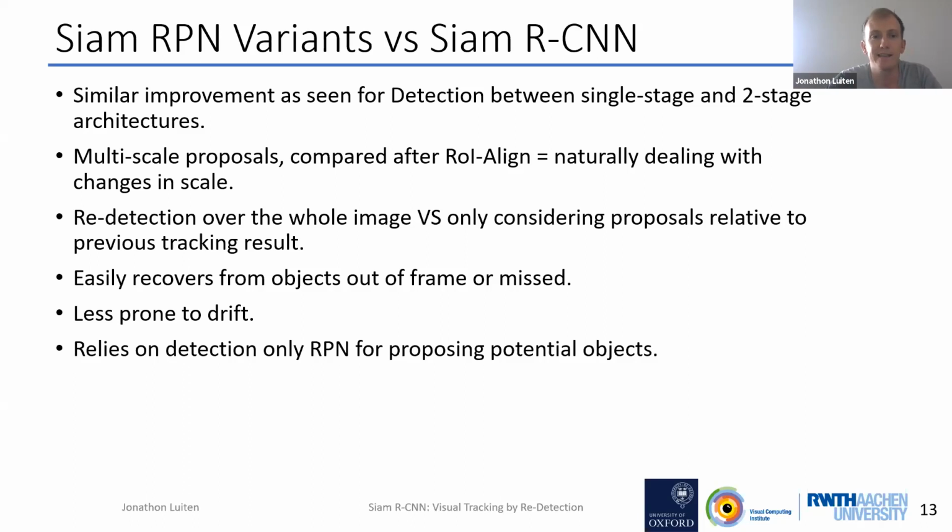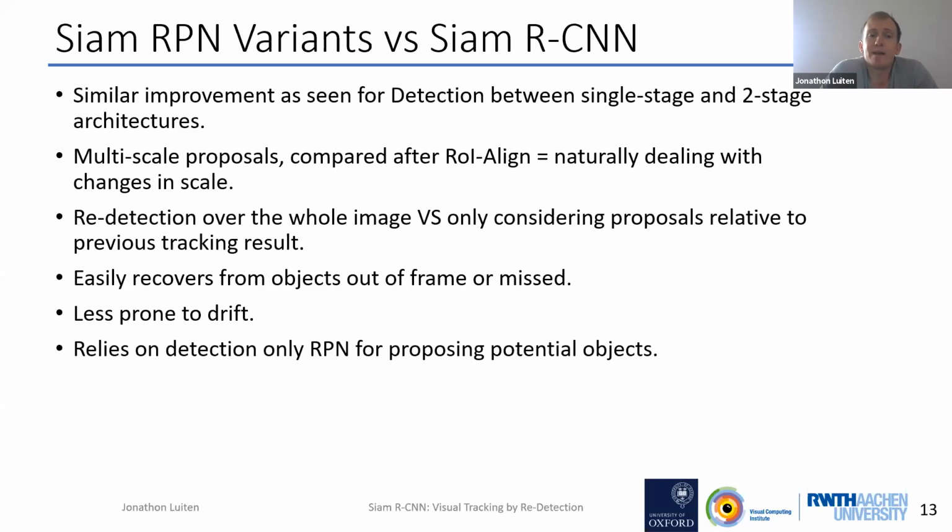Another thing, which is especially important for long-term tracking, is that we do redetection over the whole image. We take the whole image in and get the region proposals for the whole image. Then in the second stage, we compare how likely they are to be the template object. Previous methods relied on a strong bias as to where the object was before, and usually only considered proposals relative to the previous tracking result.